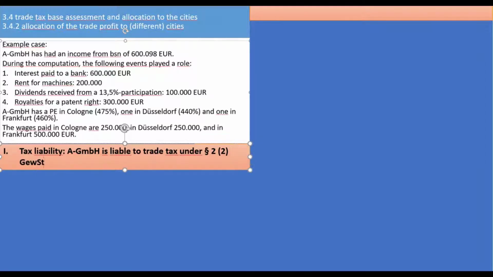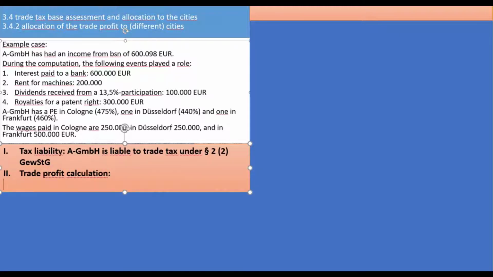So again, let's start with tax liability. A GmbH is liable to trade tax, and this is paragraph 2.2 of the Trade Tax Act, because it's a juridical person, a capital company. The trade profit calculation.